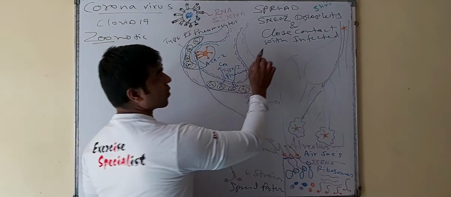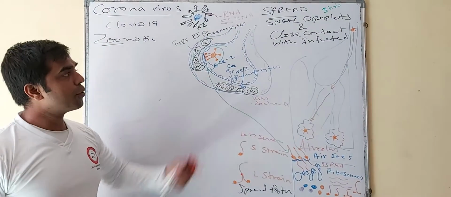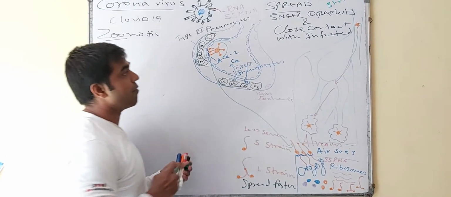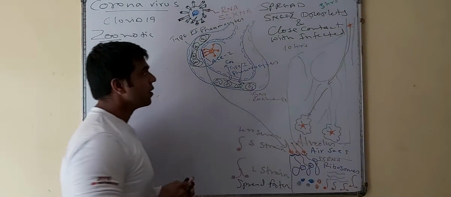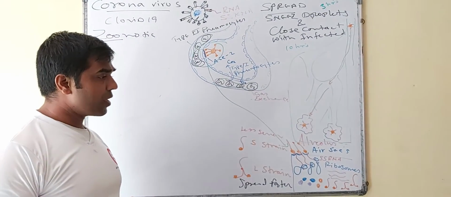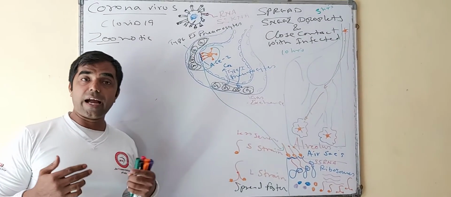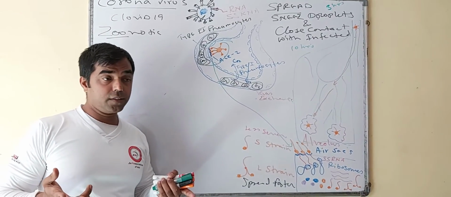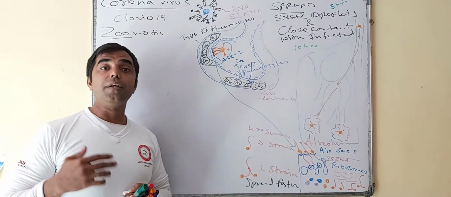And if you come in close contact with infected people or the things used by them, if you touch them, we will be infected, because they have a life of more than 10 hours on metals. Right? Now, what precautionary measures can be taken? We can wear a mask, we can isolate ourselves, we can stay in home quarantine, and we should not go out as long as our government demands.